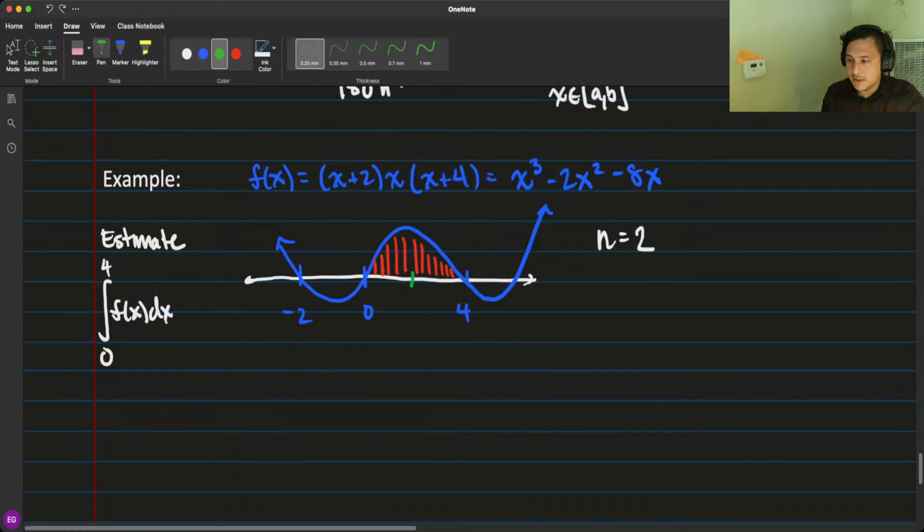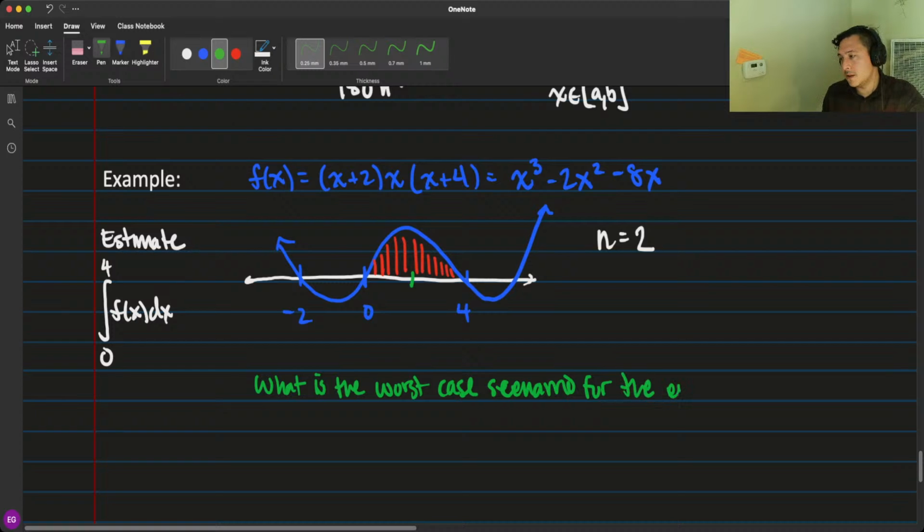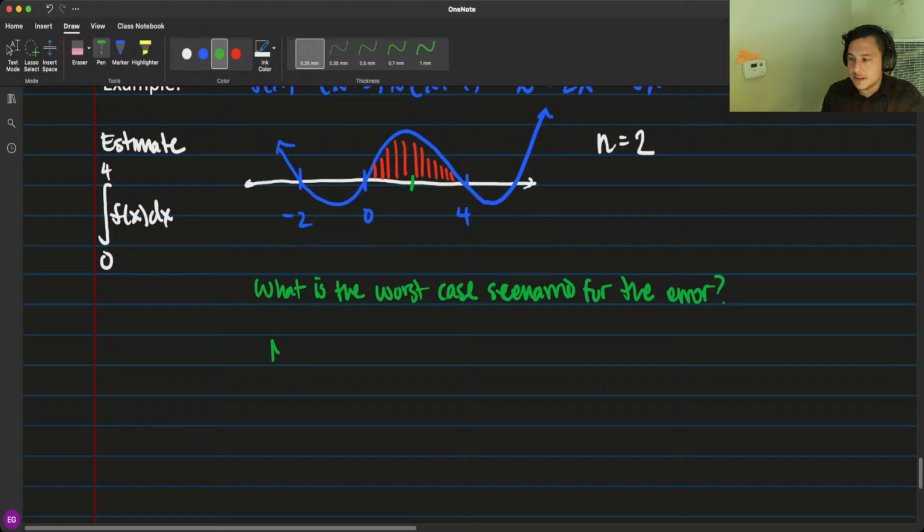So let's estimate the worst case scenario for the error. Okay, now you have to remember it's M times (b minus a) to the 5th over 180 n to the 4th.